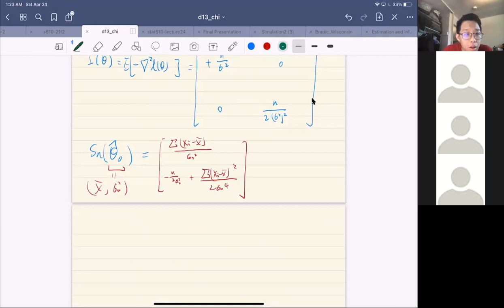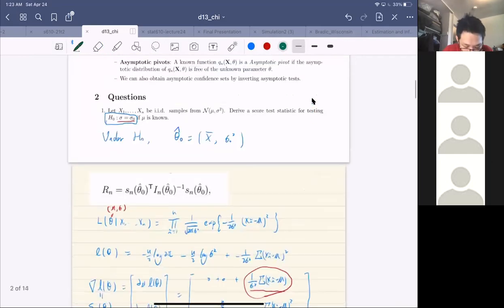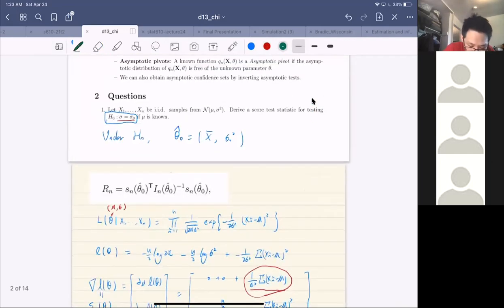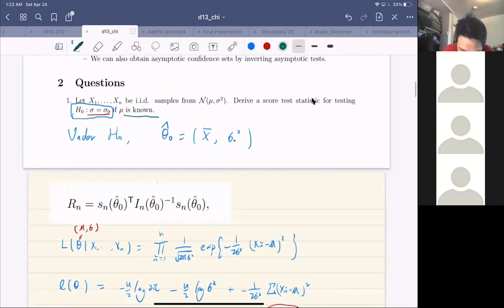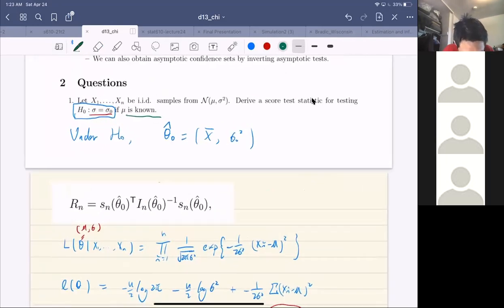Why do we have to use x bar if mu is known? Mu is unknown. Sigma is known. Let me check again. Yeah, sigma is known, and mu is unknown.